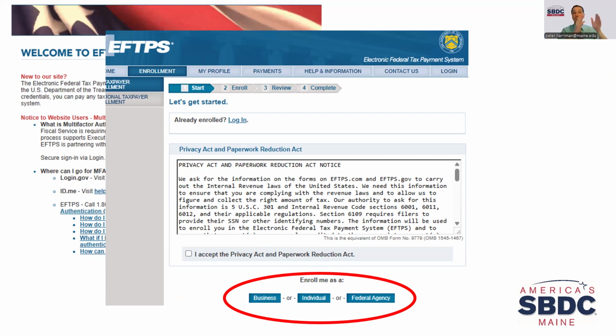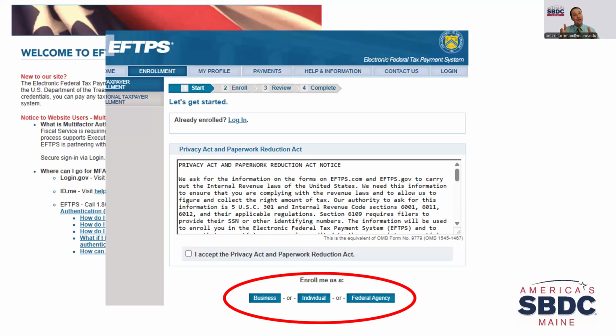If you choose the business, this is more for payroll, right? Because with an S corp, for instance, your owner is on payroll, and the owner is going to have withholding taxes, which are, remember, just like estimated taxes, but for employees. So if you do a business account under the EFTPS, that is to help you do withholding for your employees, to pay their estimated taxes that you've been collecting, not the business's taxes, because for an S corp, LLC, sole proprietor, or partnership, the taxes are you as the individual.